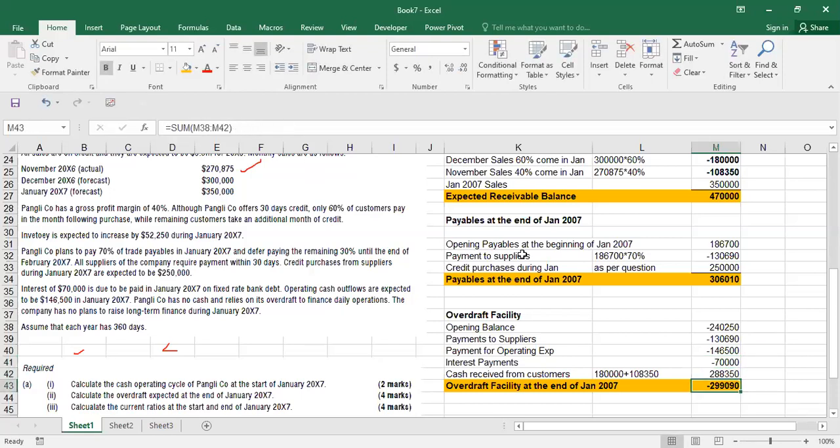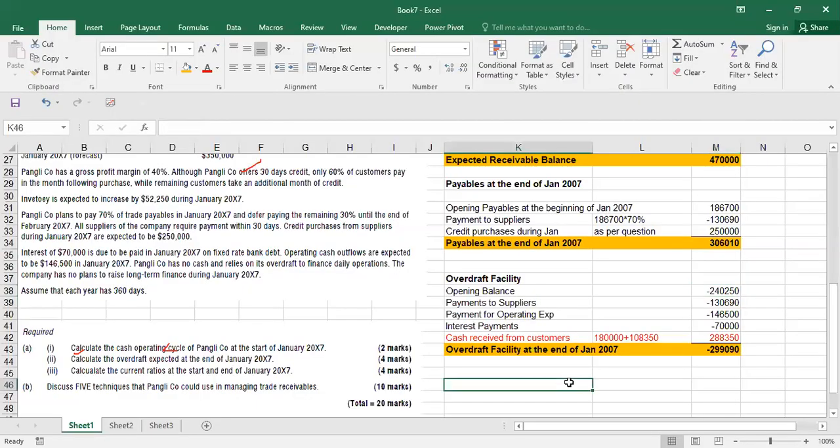So you can do it like this or the other way, it makes no difference. This is cash coming in, these are cash going out, and this is already my negative balance. The cash coming in is only this one. All others are your cash payments. And your overdraft balance is 299,090.